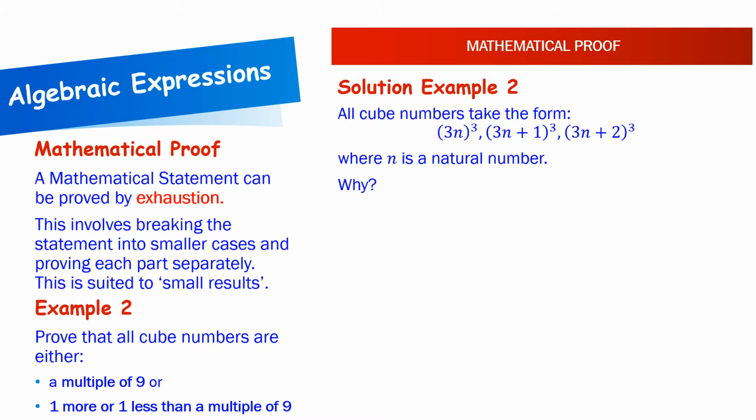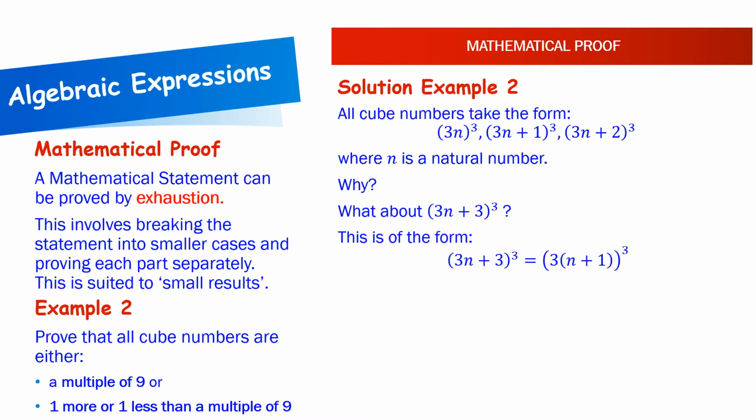Why is this the case? Let's consider 3n plus 3 all cubed. Can we write it in any of the above forms? 3n plus 3 all cubed can be rewritten as 3 times n plus 1 all cubed.